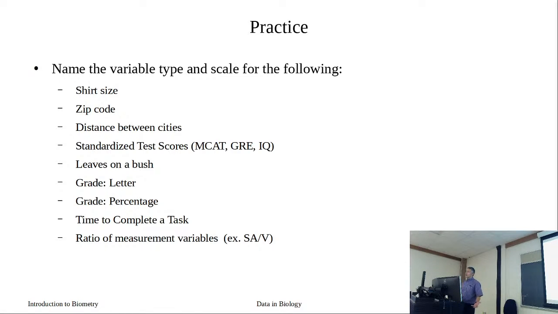If we don't have a meaningful 0, then ratios aren't going to apply across the entire scale. And the example is like degrees Fahrenheit, degrees Celsius, where once you go into the negative, you start throwing off some of the ratios.